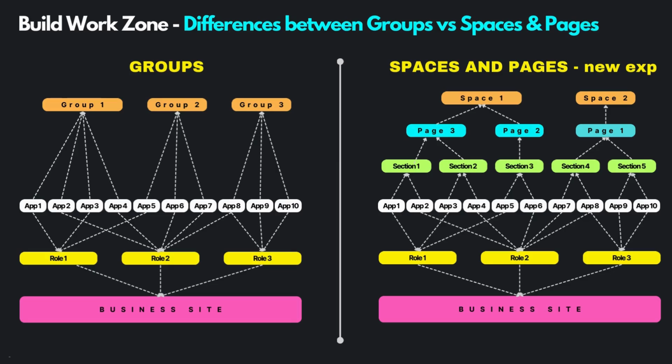So we do not have a further level of classification. In the spaces and pages viewing mode, we will be assigning apps within sections and sections within pages and pages within spaces. So you can already tell a big difference here in spaces and pages is that you get more classification levels to set up a layout that closely matches your business process setup.